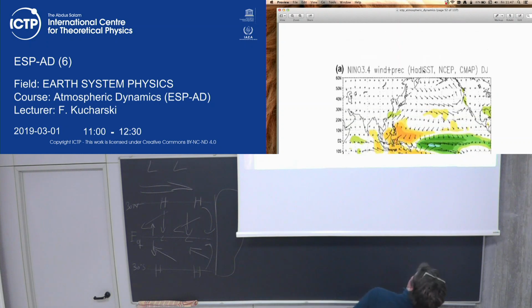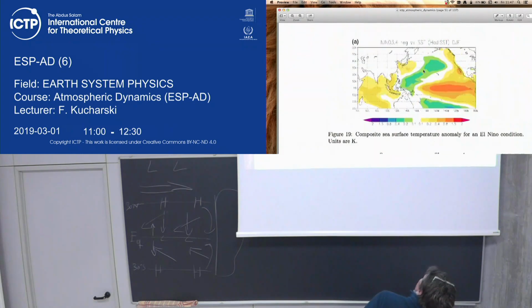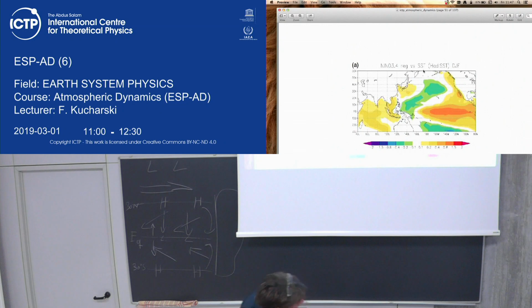Now, can you try to explain why that means that the surface should be cool here? So the path of these Rossby waves, increasing the high pressure probably.